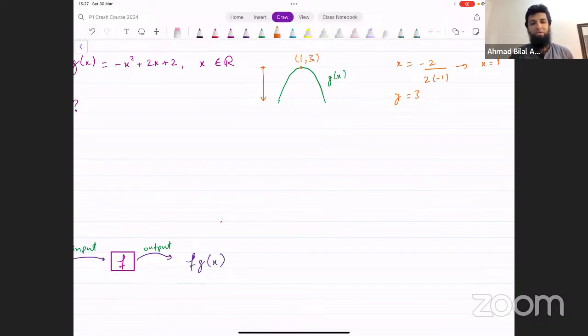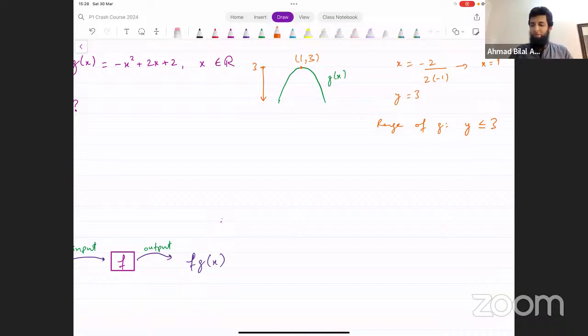So what's the range of this function g then? If the domain was all real values, what's the range of this function? If this is 3, we can say the range of g is y less than or equal to 3. That's the range of this function.